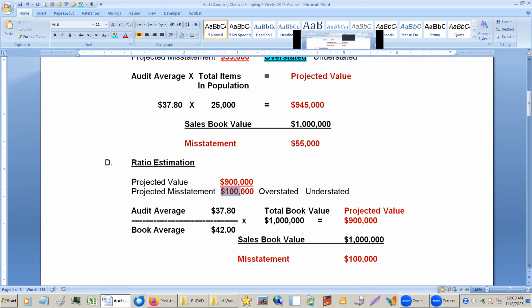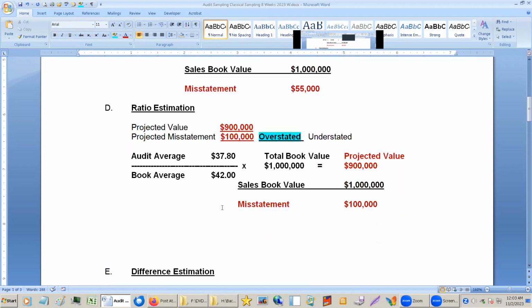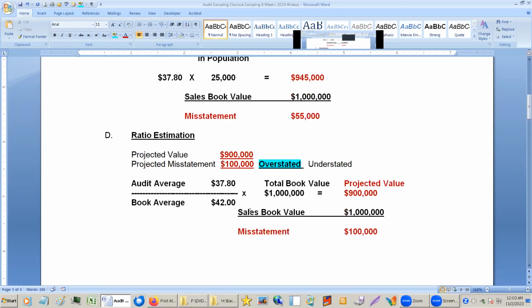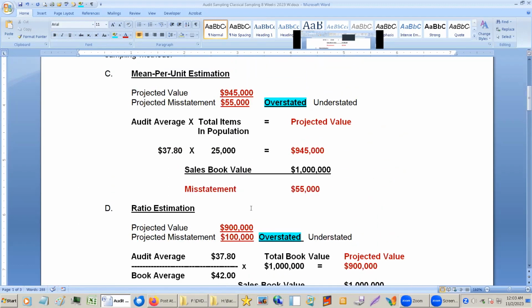And this is also an overstatement. They're saying it's worth $1 million. We're saying it's worth 900,000. So for both of these, you'll notice that we're taking the same numbers.